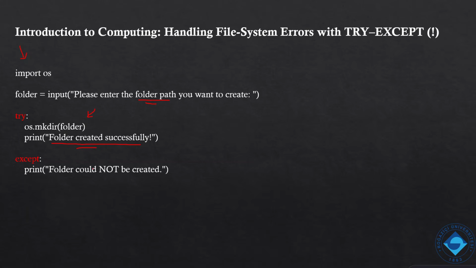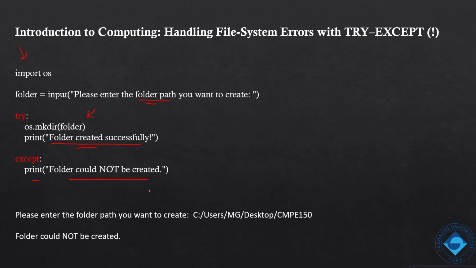But in some cases, if it doesn't create a folder, it will print "Folder couldn't be created." For example, here I give this path address which I already have on my desktop. So that's why it will print "Folder couldn't be created" because I already have that one.